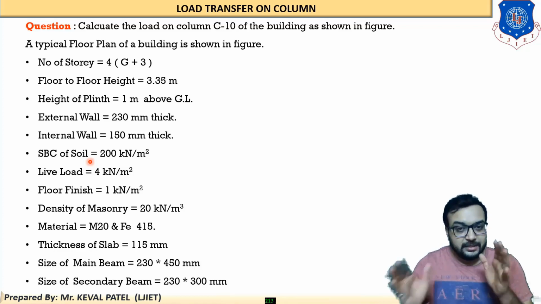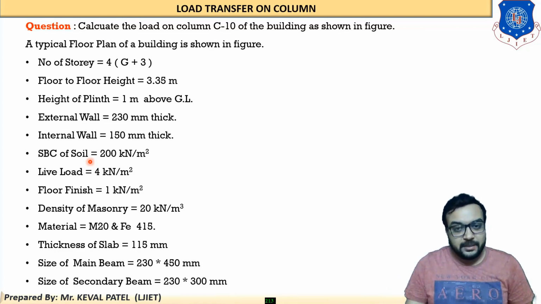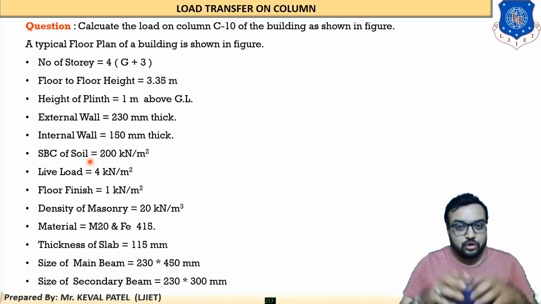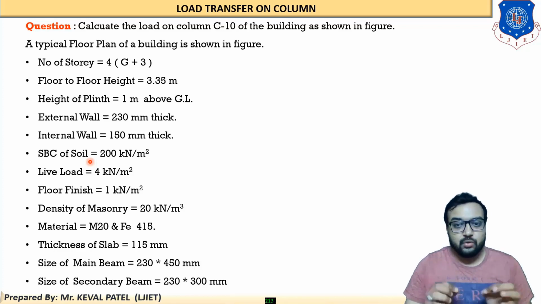Students, in this topic we complete our example up to how the load is transferred, and once we have completed how much load transfers from beam to column, the next question is how to design the column.